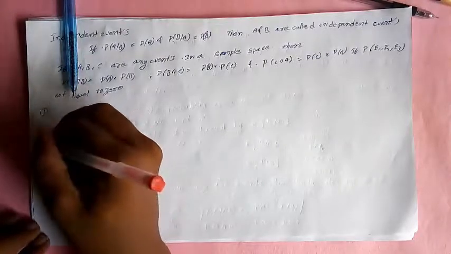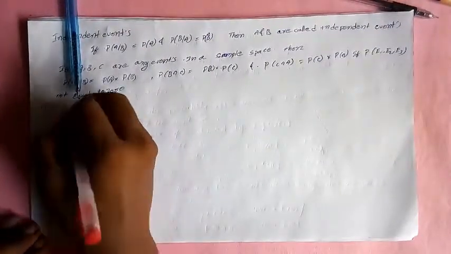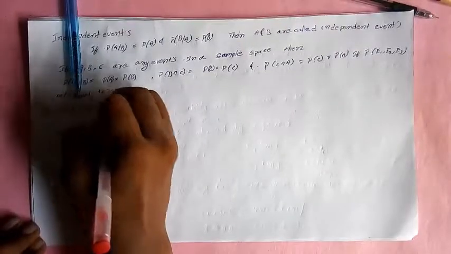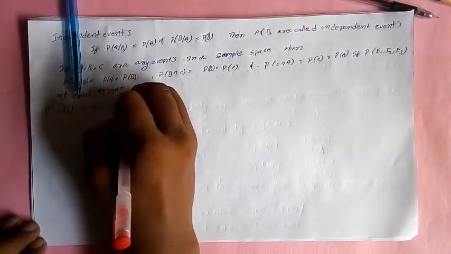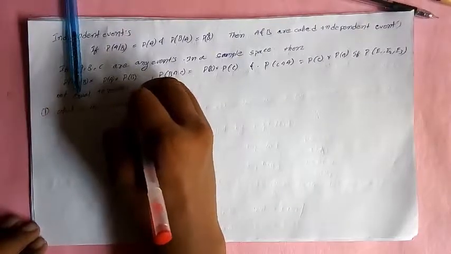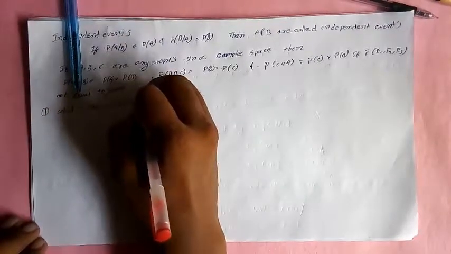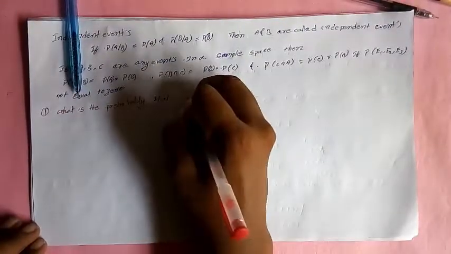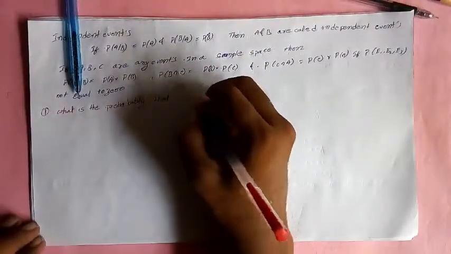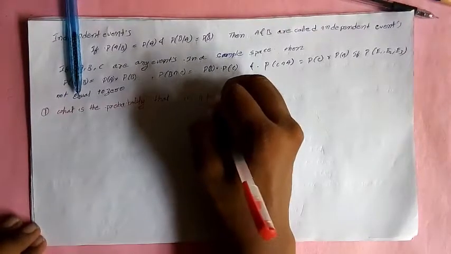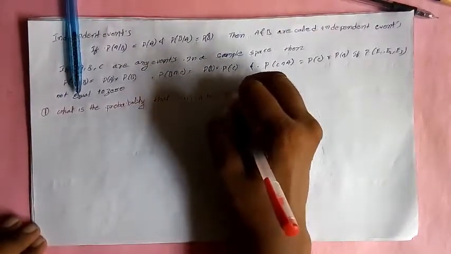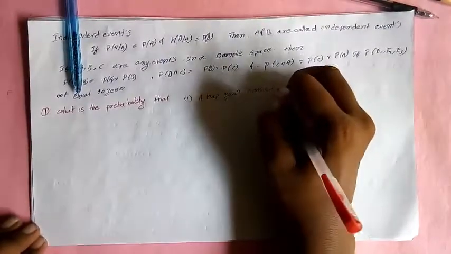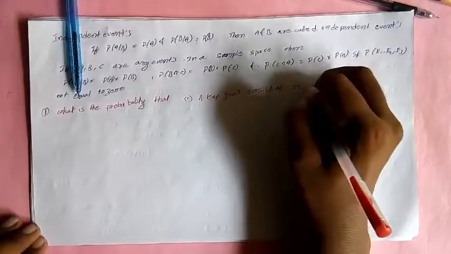Question number 1: what is the probability that a leap year consists of 53 Sundays?